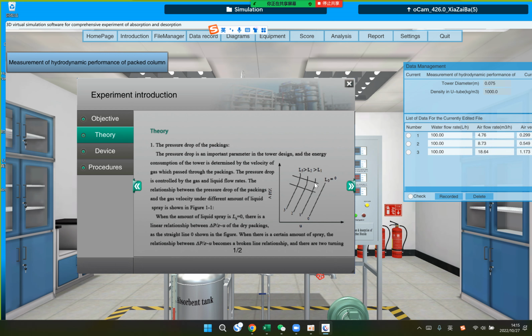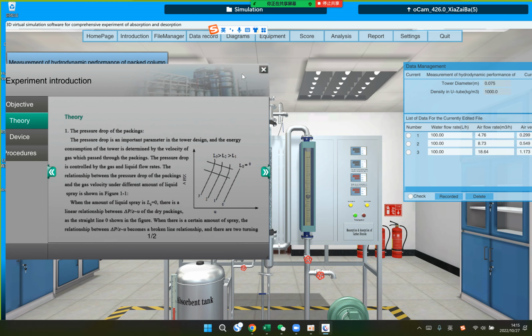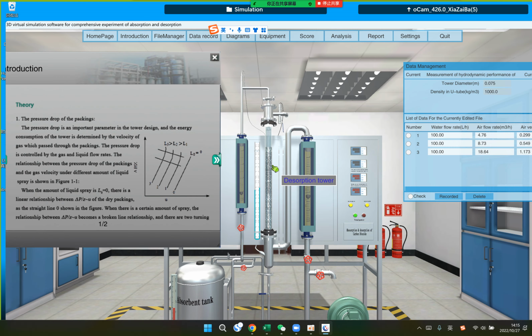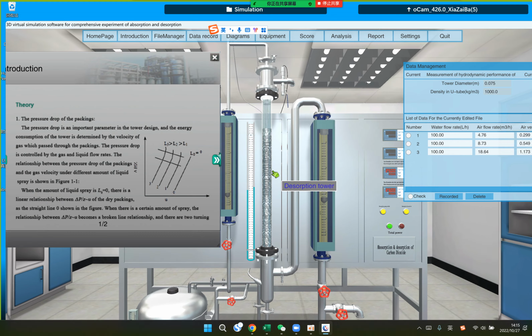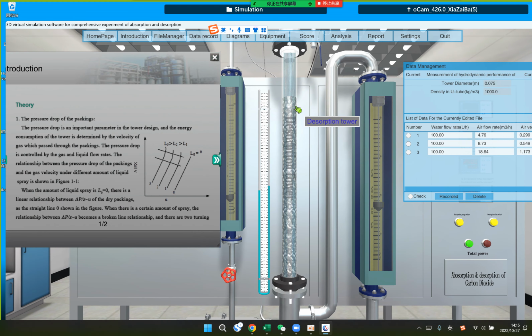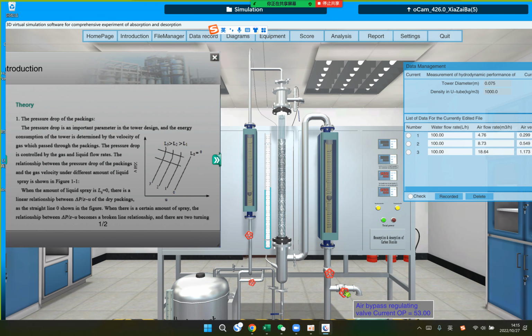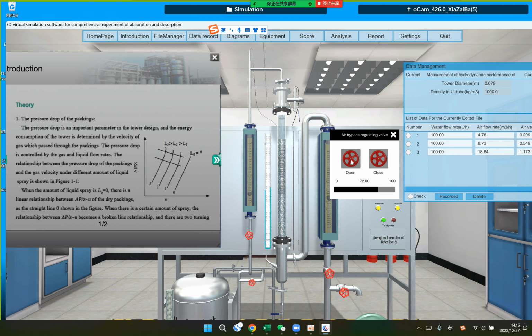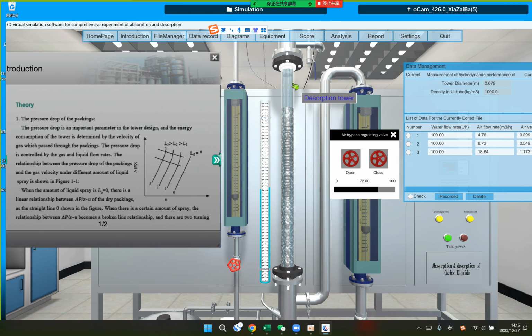So how we determine when is a loading point and when is a flooding point is, if it is a real experiment, we will find from the phenomena. We will observe the phenomena from the animation.